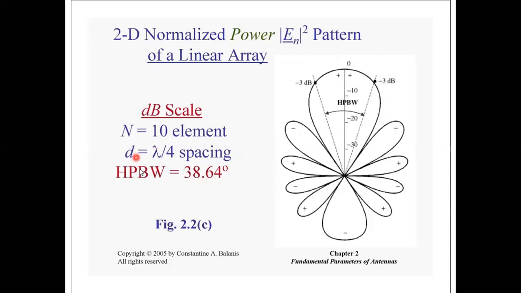Now, the normalized power pattern of a linear array. This diagram explains the radiation pattern of an array antenna. An array antenna is basically used to improve the gain, but the disadvantage is that there are side lobes.